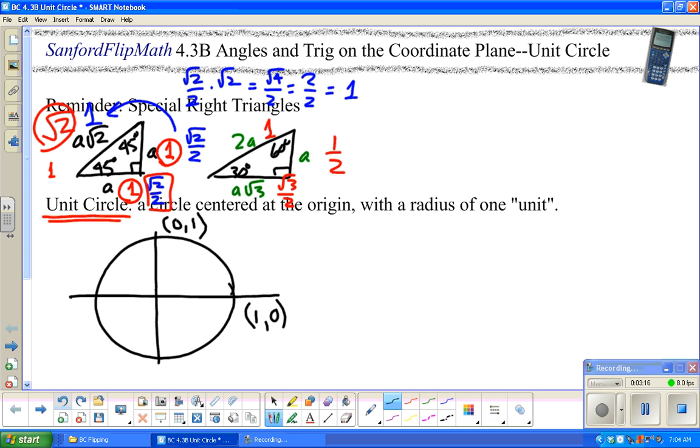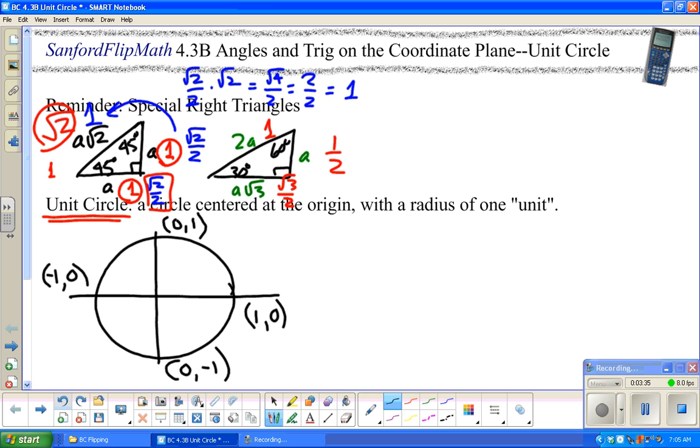A unit circle is a circle, clever, with a radius of 1 unit. That's the whole reason why it's called that. It's generally centered at 0, 0. This is a tool for working with trig values in a speedy, efficient manner.